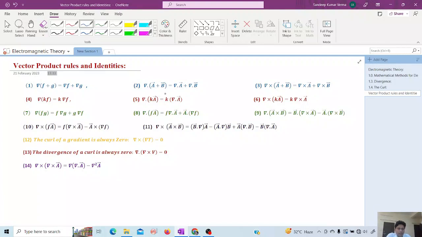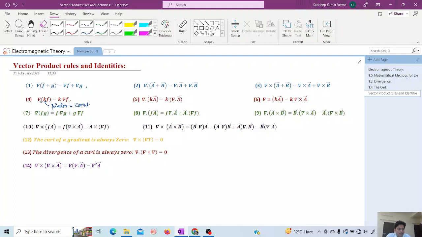Similarly, if we want to calculate the divergence of a plus b, this can be written as divergence of a plus divergence of b, and the curl of a plus b equals curl of a plus curl of b. Here k is a scalar, or it can be a constant.